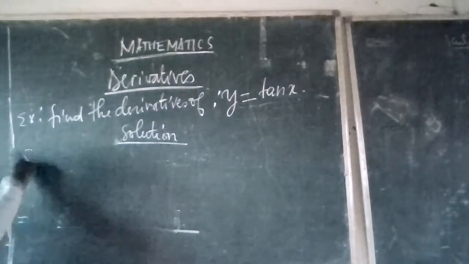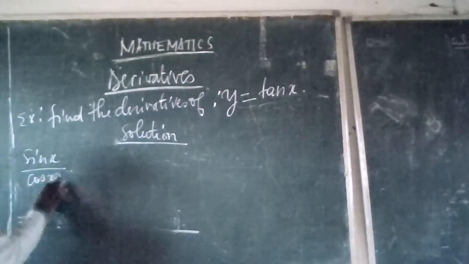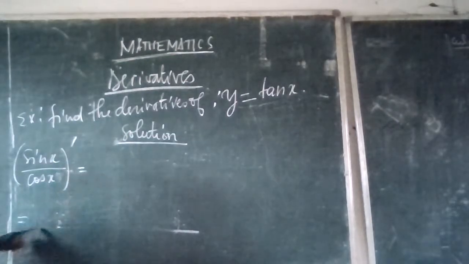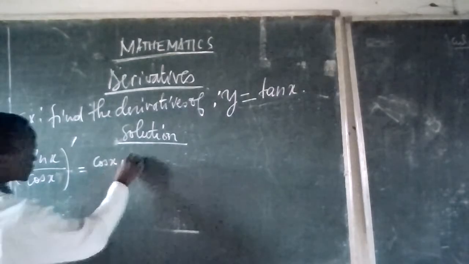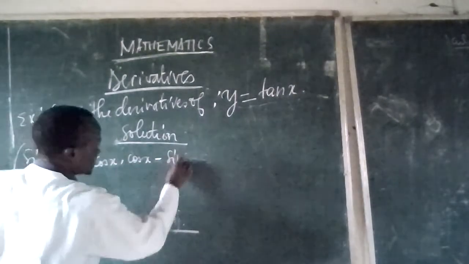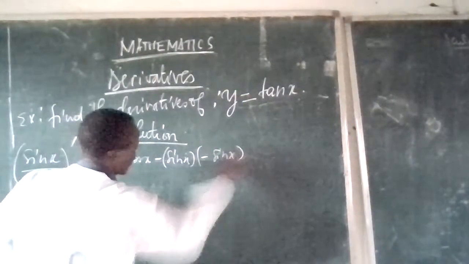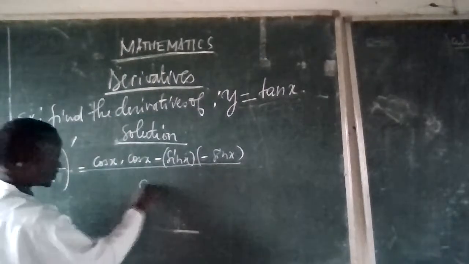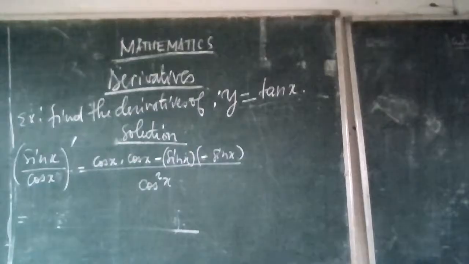It was sin x over cosine x, the derivative. The answer that you have seen here was cosine x times cosine x minus sin x times minus sin x over cosine square x. Now let us continue.